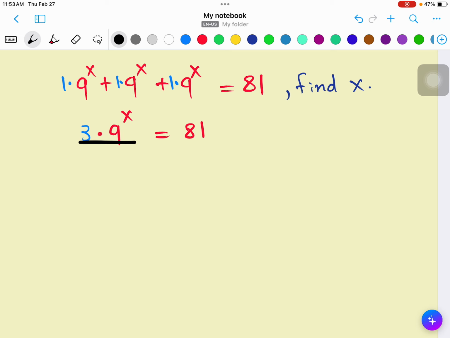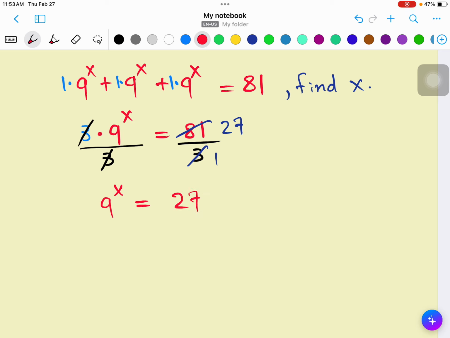Dividing both sides by 3. Nine raised to x equal 27.